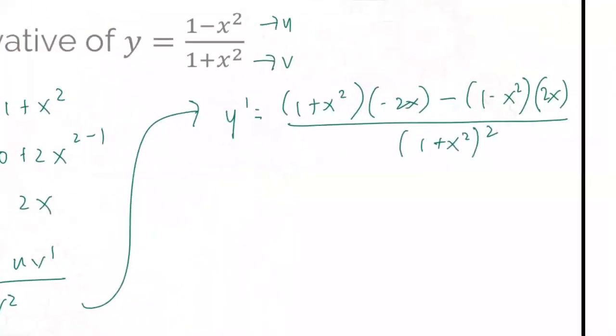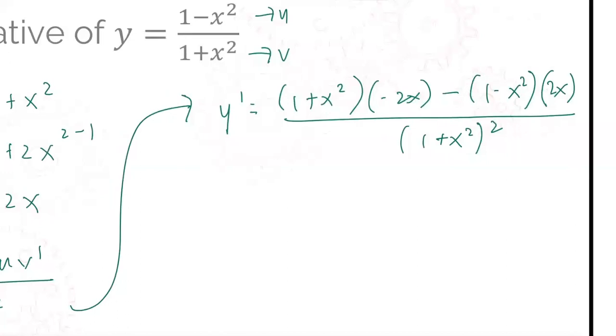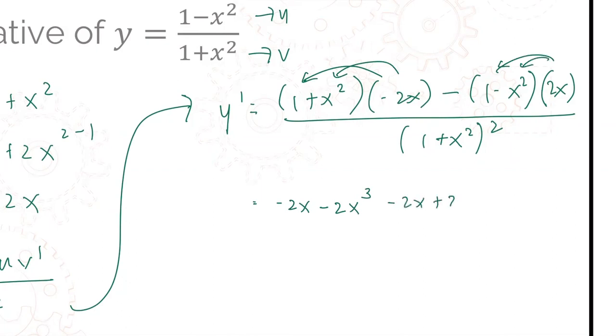Okay? So, simplify. So, i-distribute natin. Okay, so we have negative 2x minus 2x cubed. Tapos dito, distribute din. Kasama na yung negative sign. So, negative 2x plus 2x cubed. So, we have 1 plus x squared.